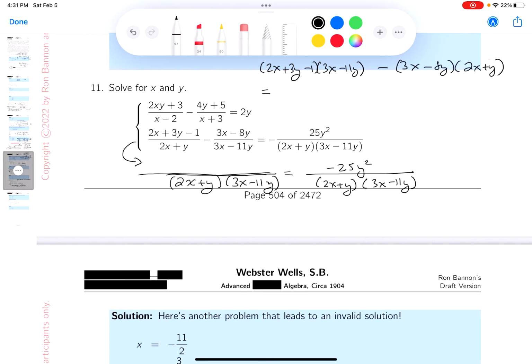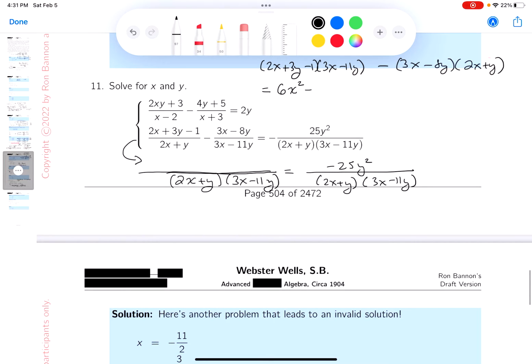And not that bad. It's going to be 6x squared minus 22xy plus 9xy minus 33y squared minus 3x plus 11y.